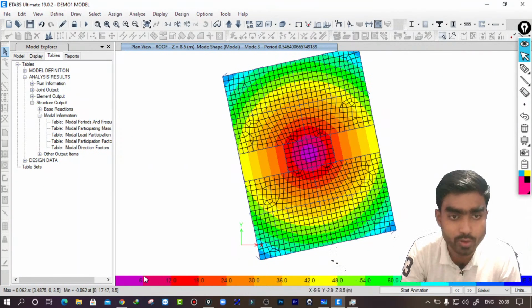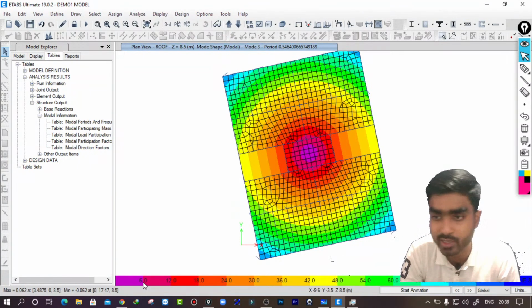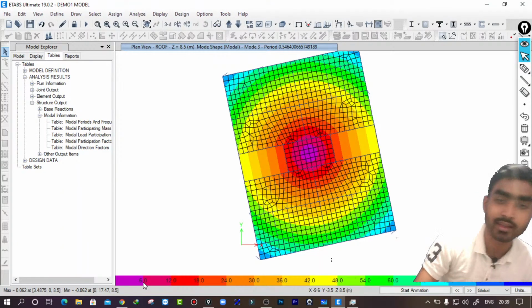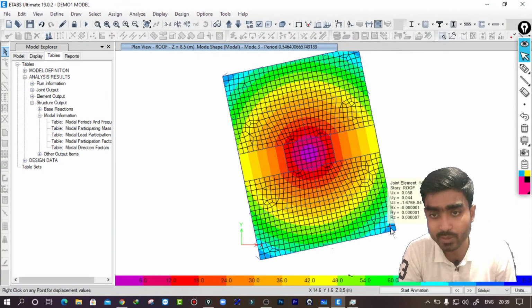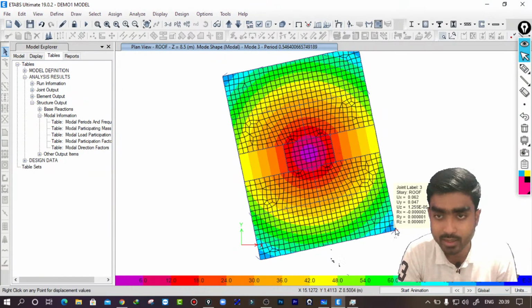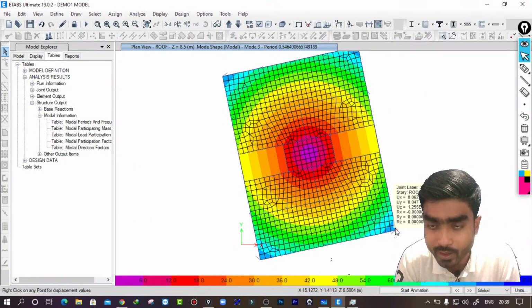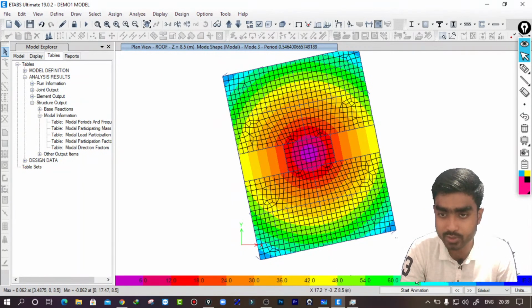If you see the contour here, you can see the range of the displacement. Here is 6.0 e power minus 3, and here we have the displacement, which is I think in the range of 72 to 78, showing in the x direction, which is 0.062, so in the range of 60 to 66.